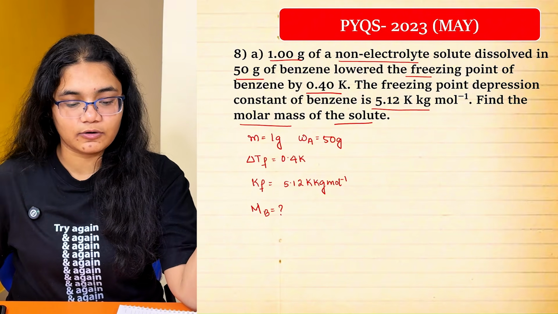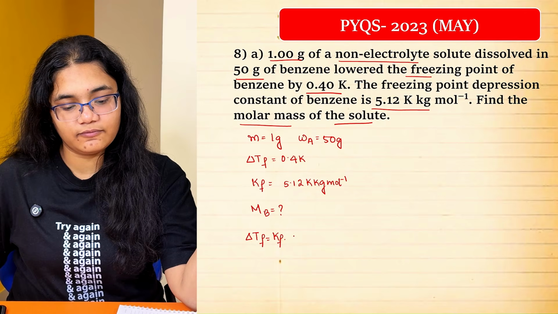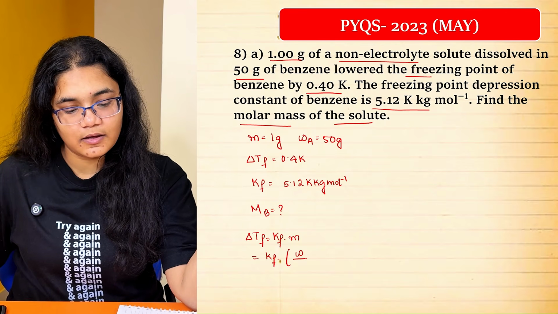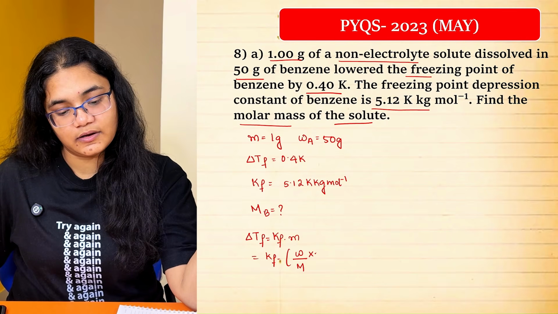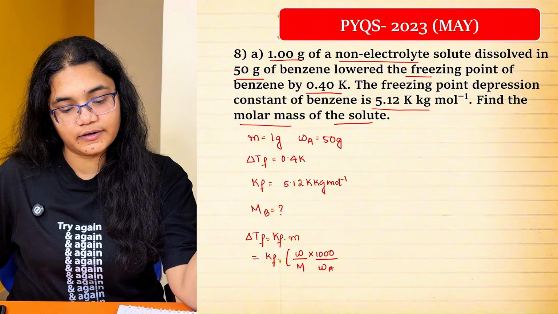Now what is the formula we have? Delta TF is equal to Kf into m. The molality is given by mass by molar mass into 1000 by mass of the solvent.